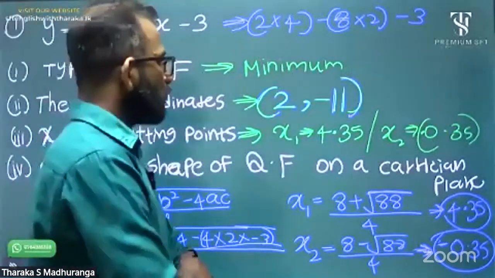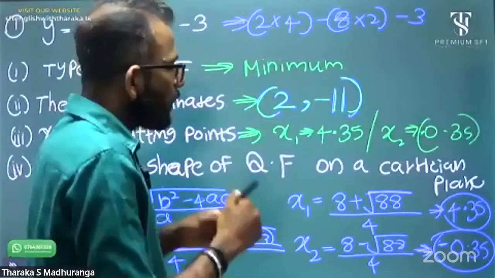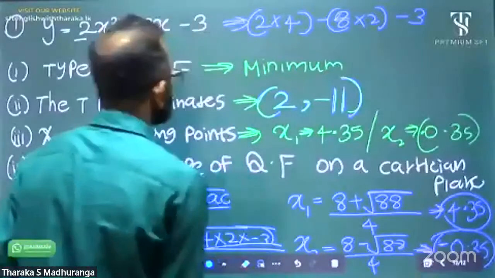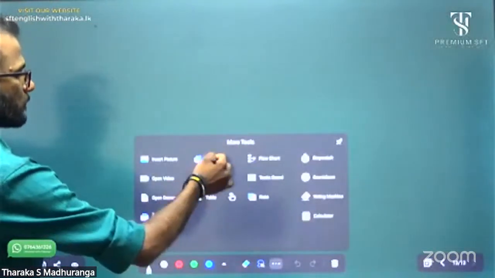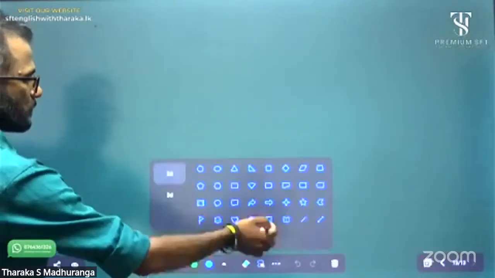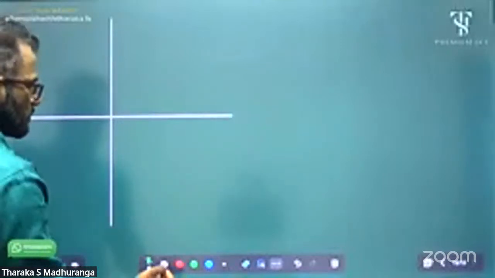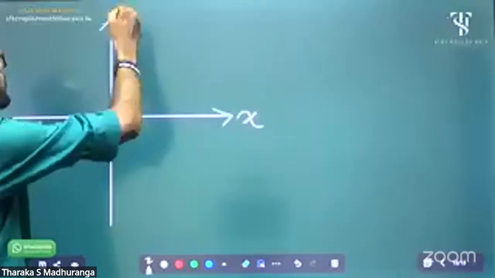Okay. Now you can sketch this graph on a Cartesian plane. That's how it is sketched. This is the x-axis. This is the y-axis.